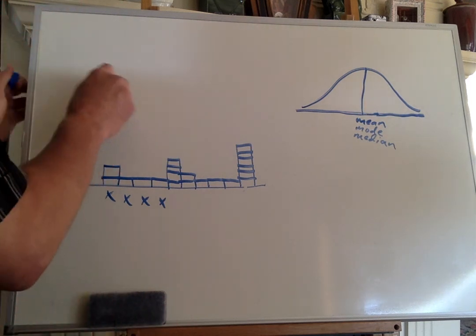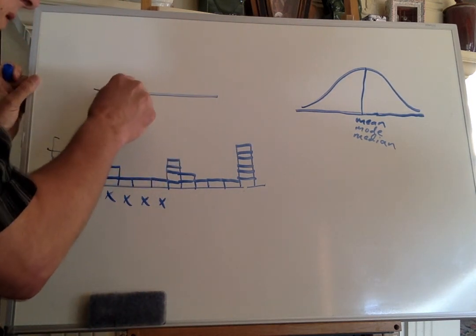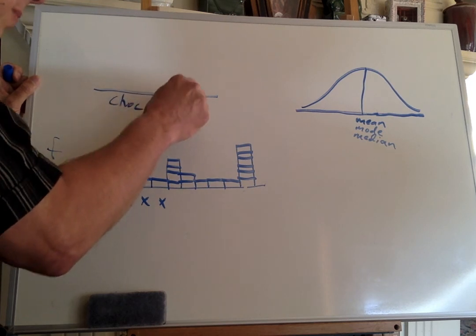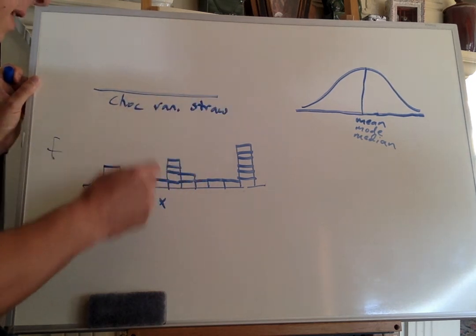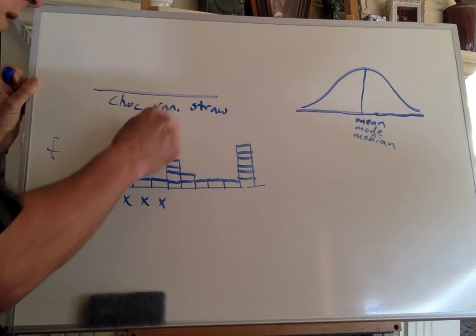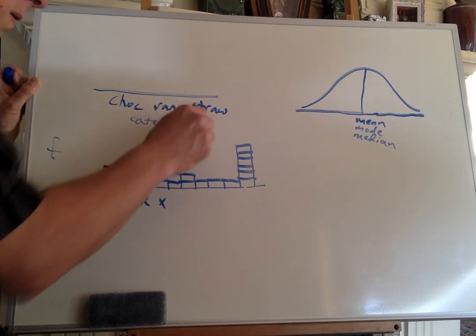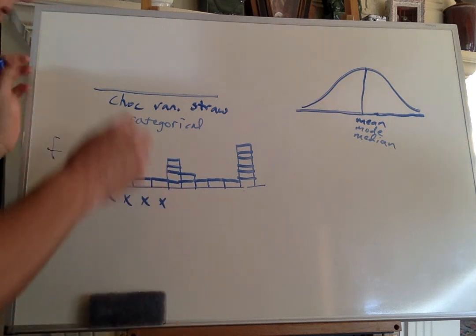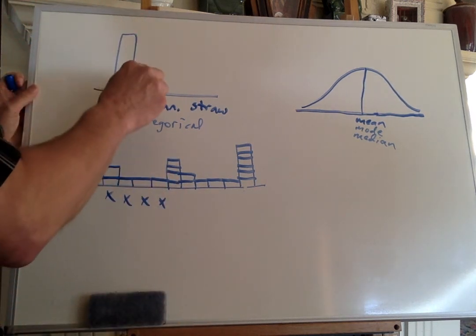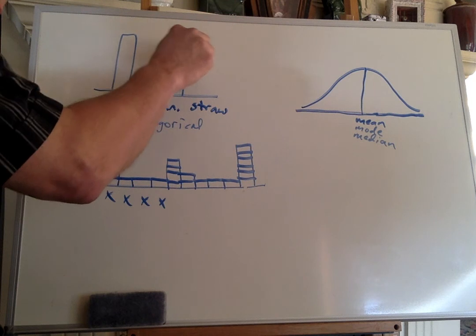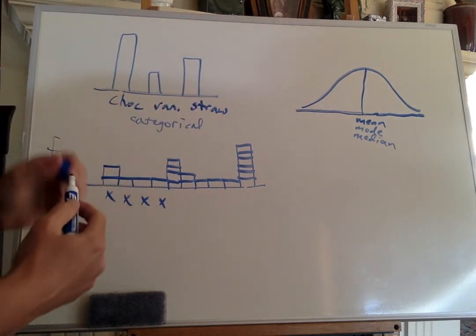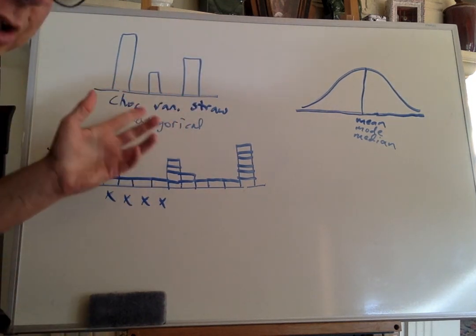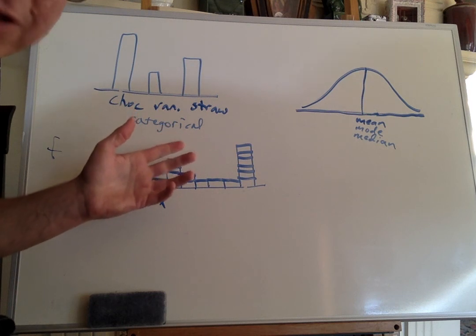I mean, if we go back to our chocolate, vanilla, and strawberry, if we have categorical data, then the mode is the only measure, right? Most people pick chocolate, some people pick vanilla, other people, this is the mode. Can we get the average for the average flavor?